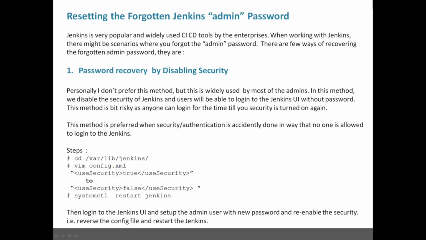This method is a bit risky, as anyone who knows the usernames, they can log into Jenkins UI and they can do some damage to your machine or damage to your scheduled job. So that's something which I don't prefer.